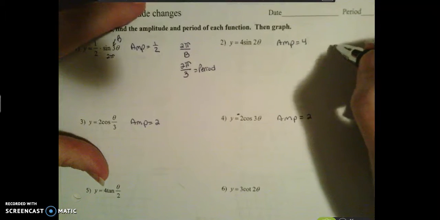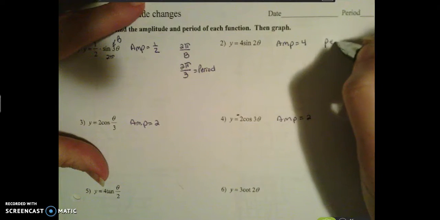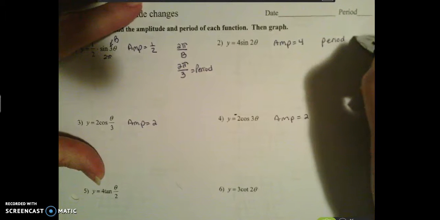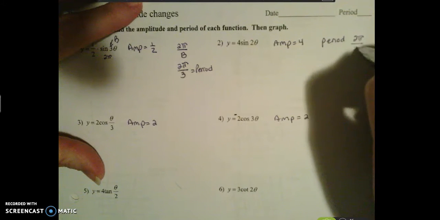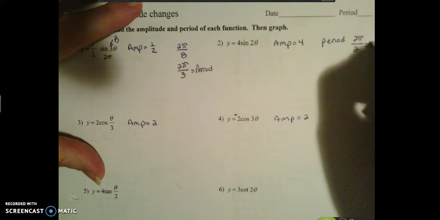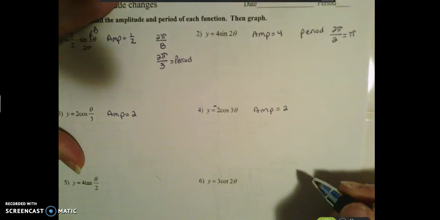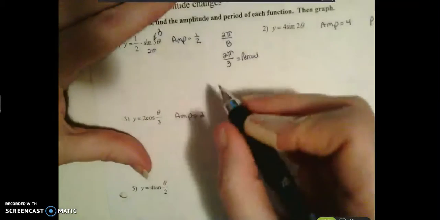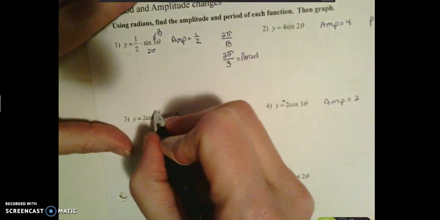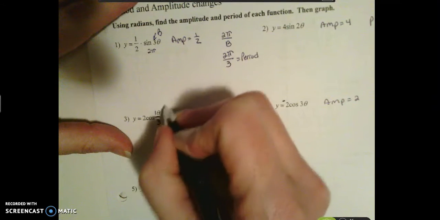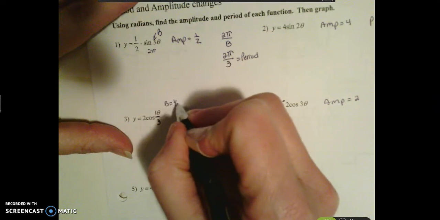On this one, my period is going to be 2 pi divided by 2, which is pi. On this one, the number in front of theta, b, is 1/3.